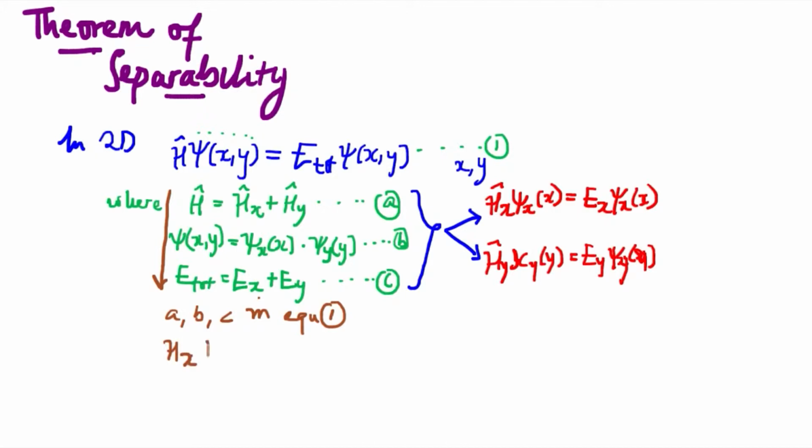As a result, we have the sum of the Hamiltonian operators acting on the individual coordinates. Take note that they are independent here, so you cannot act x on y.